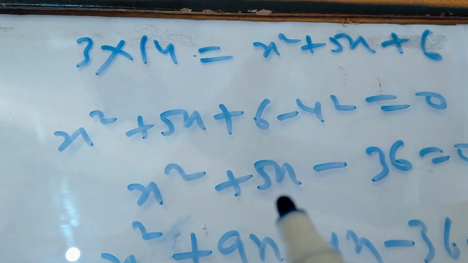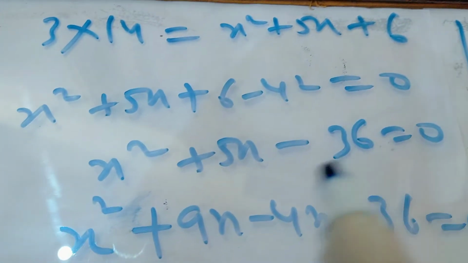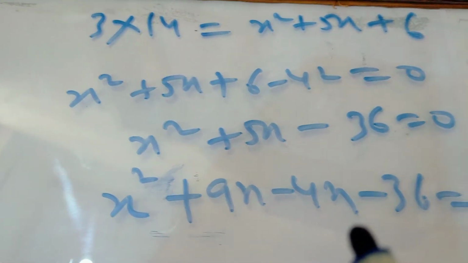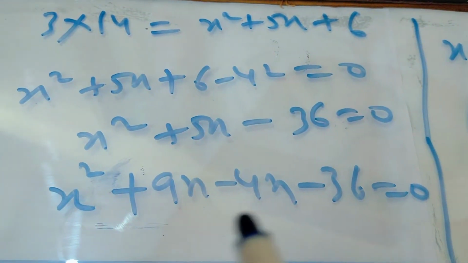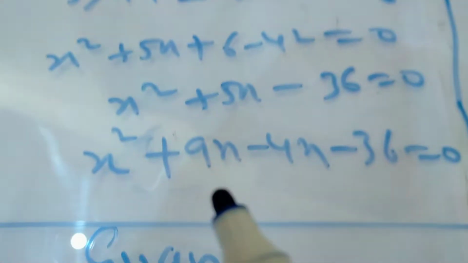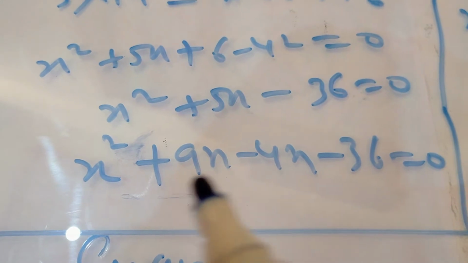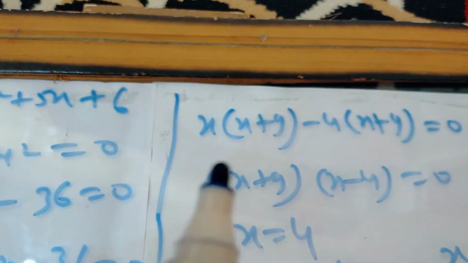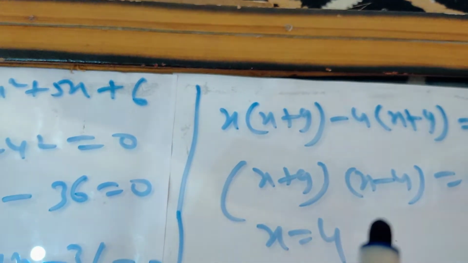So x square plus 5x minus 36 is equal to 0. For factorization we write x square plus 9x minus 4x minus 36 is equal to 0. These are the factors for the middle term. After that, grouping is done, and two factors come: x plus 9 and x minus 4.